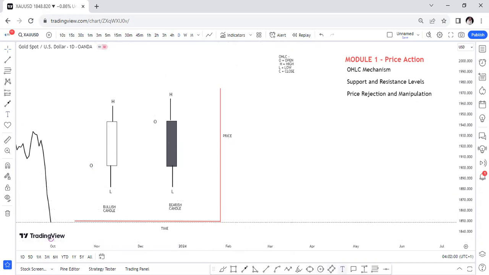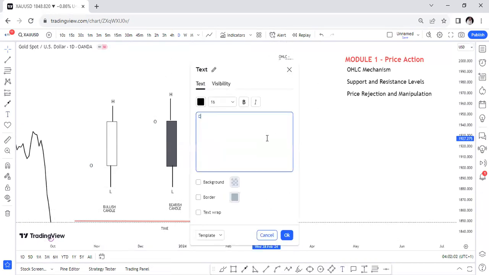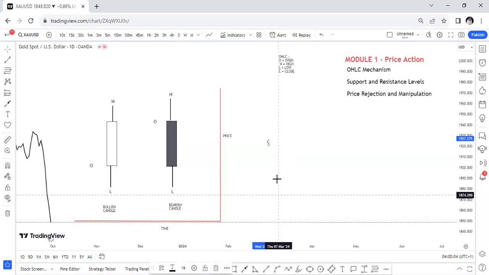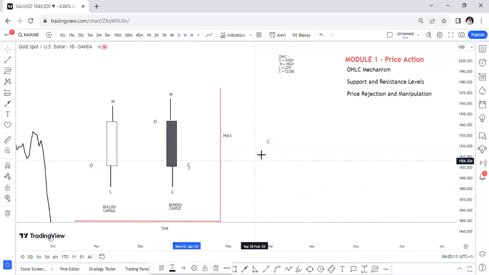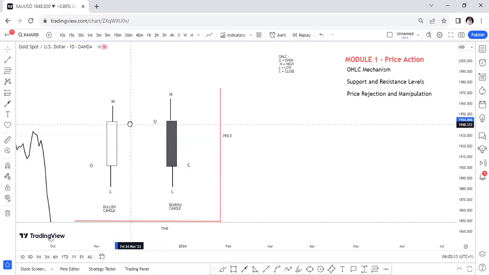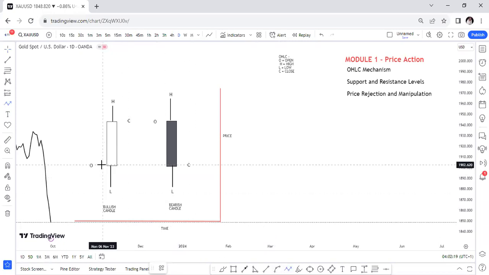Then we have the close, which closes here. So if this is your bullish candle, right? Now, if price is going to go up, that means it is going to open below and close higher, right?